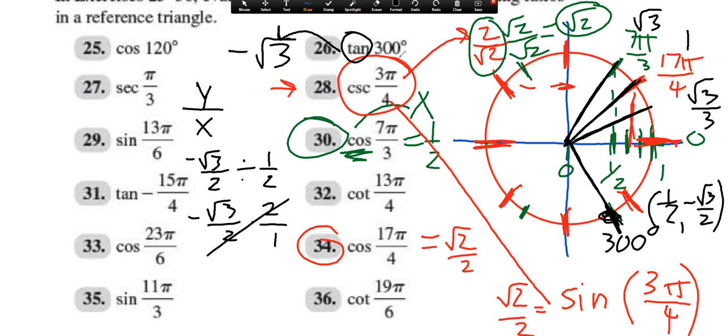Because it was 0, pi over 2, pi, 3 pi over 2, pi. Some of the slopes are undefined, right? What kind of slopes are undefined? Right, your vertical slopes are undefined, right? What about these slopes? 0, right? Horizontal ones, like at 0, 2 pi, pi.